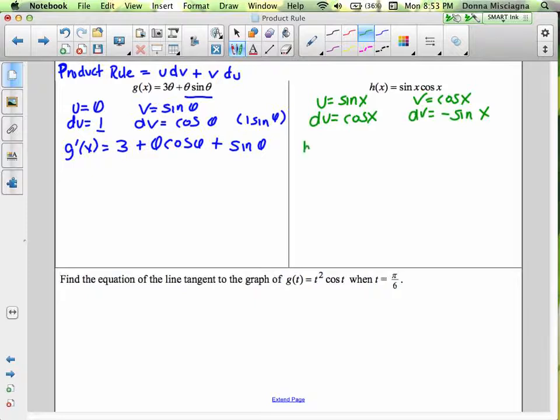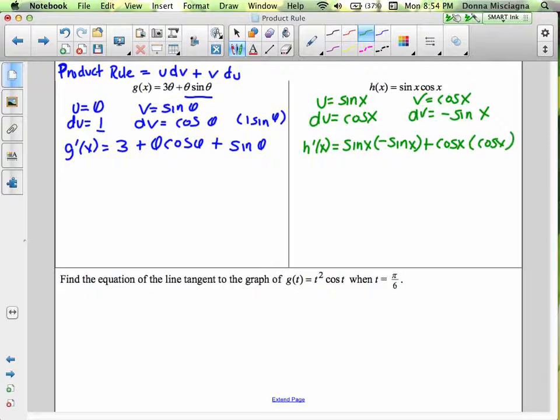So h prime of x is equal to the first, sine x, times the derivative of the second, so that's times negative sine x, plus the second, which is cosine x, times the derivative of the first, and that's cosine x.